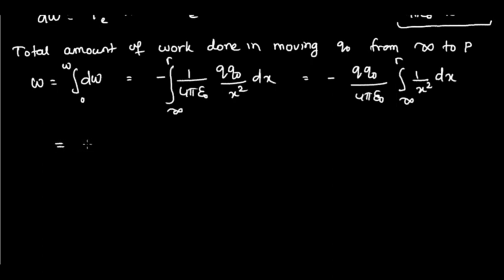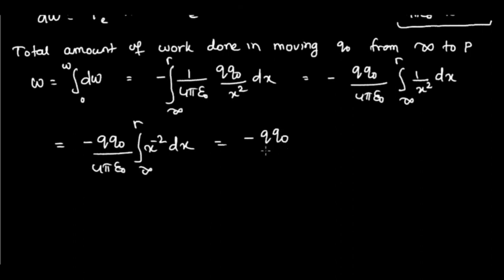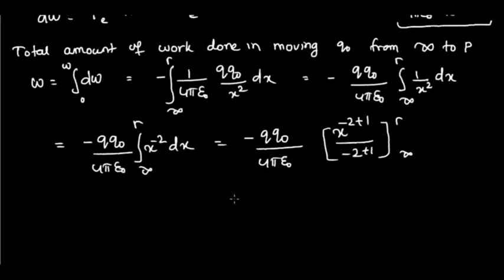So that will be equal to minus q naught by 4 pi epsilon naught, you will get x to the power minus 2 dx integration infinity to r. That is equal to minus q naught by 4 pi epsilon naught, and this integration will be x to the power minus 2 plus 1 by minus 2 plus 1. The limit will be infinity to r.